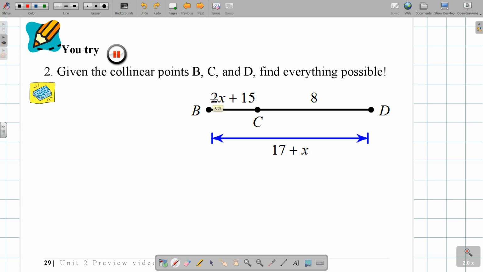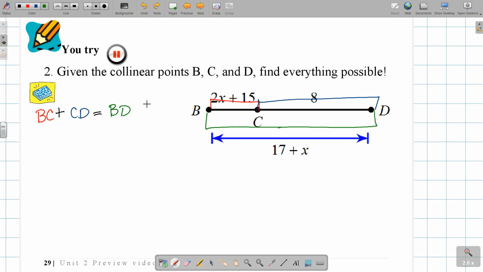Right here, again, segment addition before algebra, we know the segment BC plus the segment CD equals BD. Circle, plug, chug, this is 2x plus 15. That's 8.